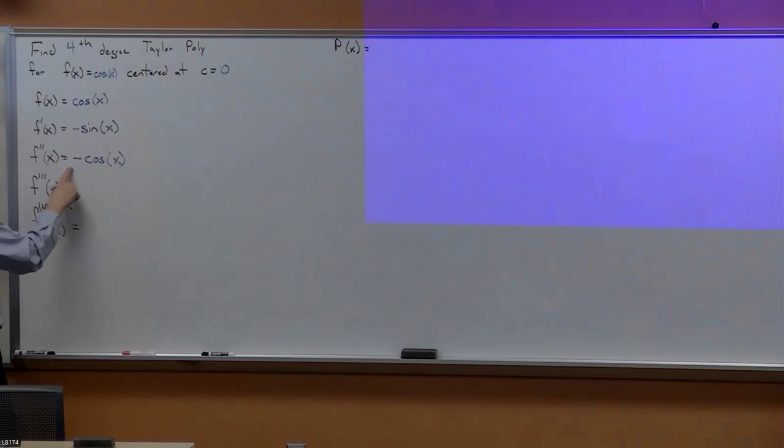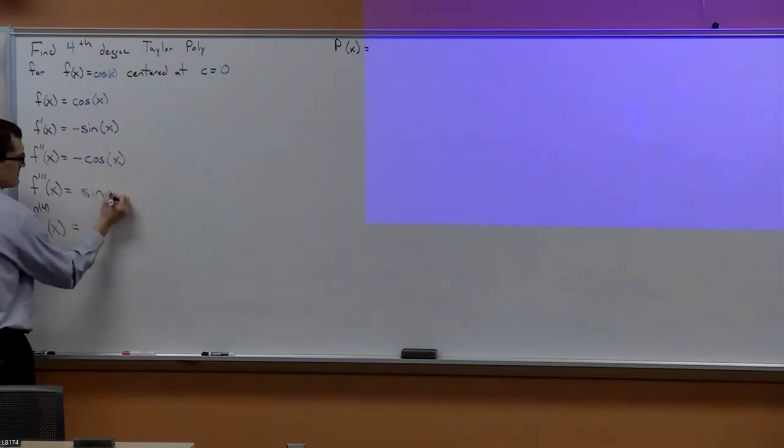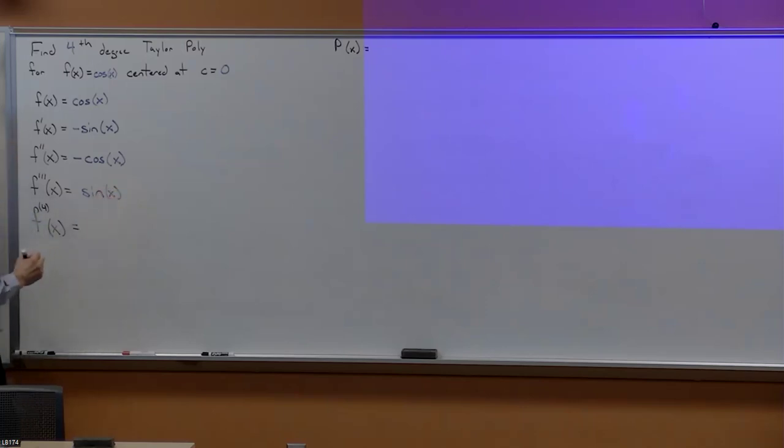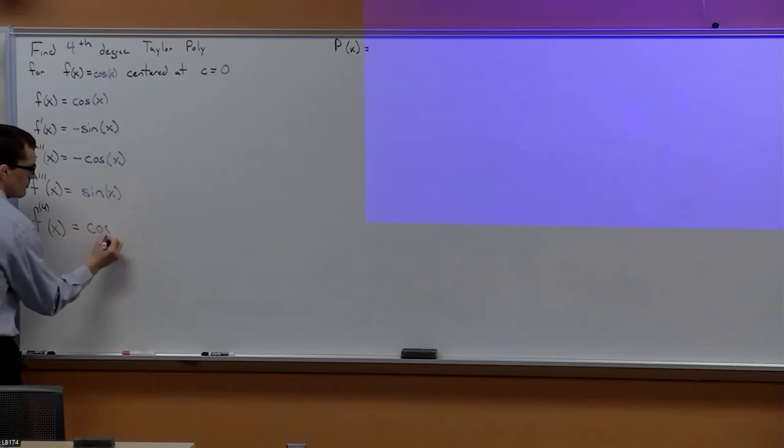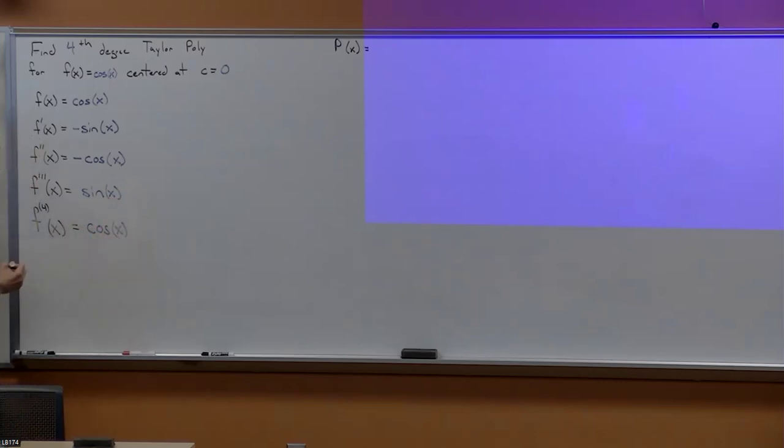The derivative of negative cosine is positive sine. And the derivative of sine is positive cosine. So we jump back and forth between negative, positive, cosines, and sines.